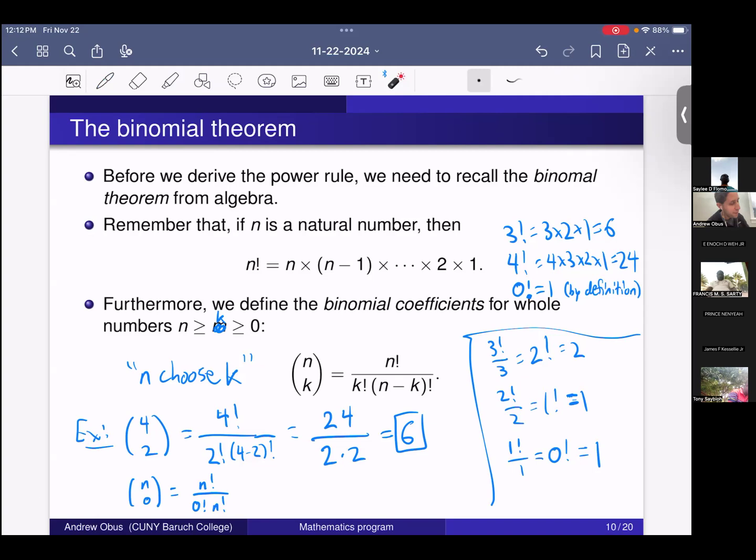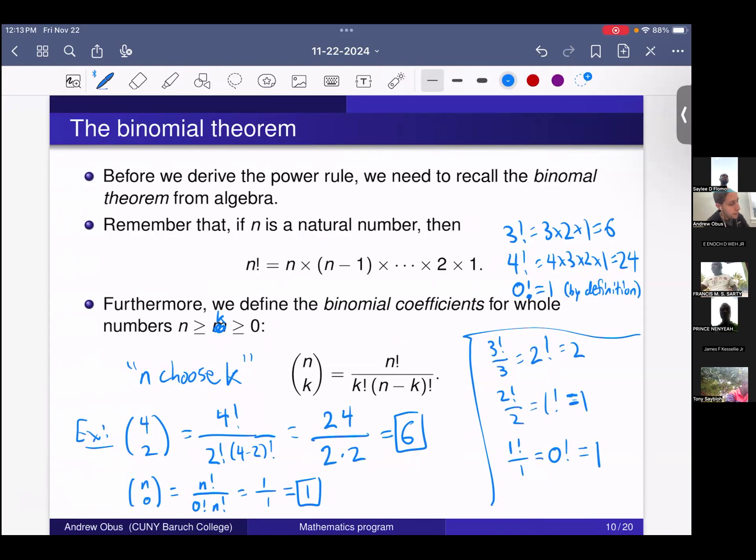And remember, by our convention, 0 factorial is equal to 1. And so this is just equal to 1 over 1, which is 1. So no matter what number you have, if you do that number choose 0, you get 1. And in fact, also n choose n is also going to be equal to 1.